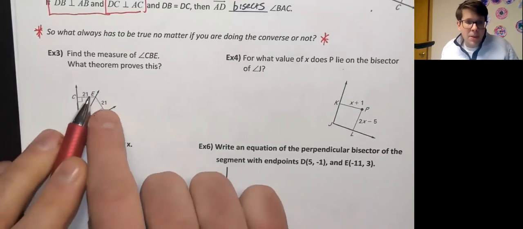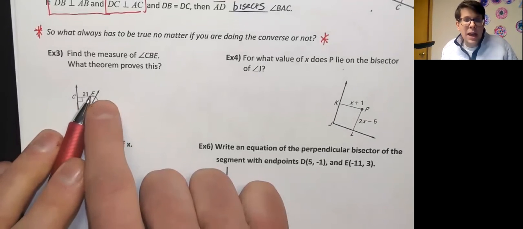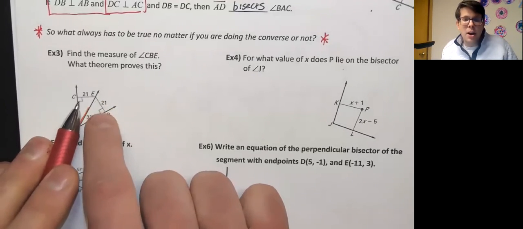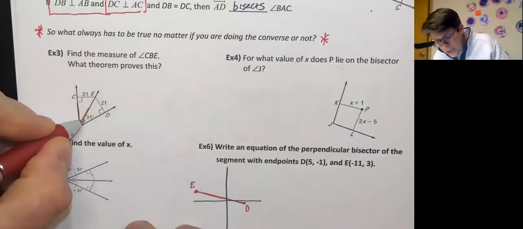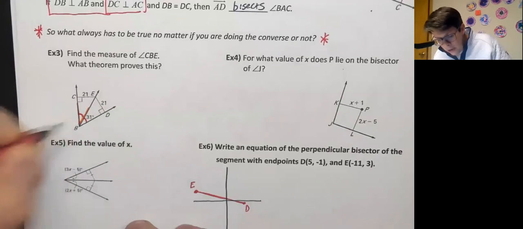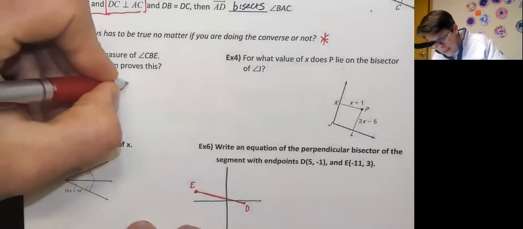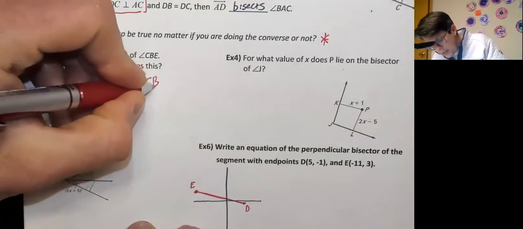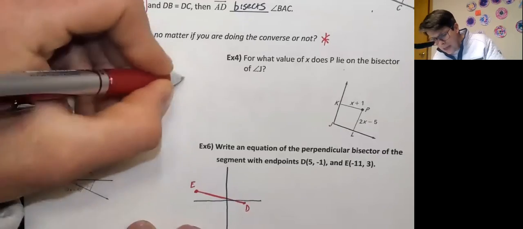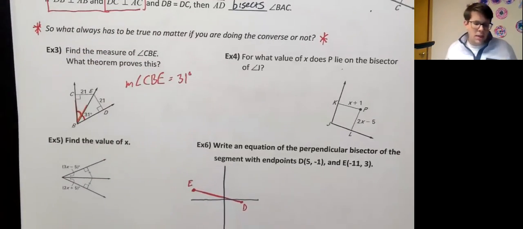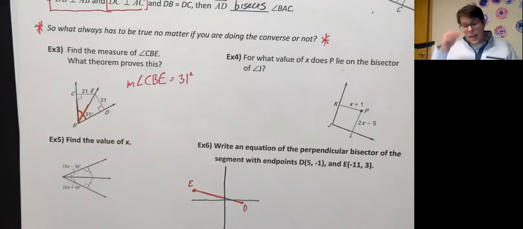Now, what I'm noticing about the bisector is that if we go up here to point E, I have two equidistances that are perpendicular. So that tells me that I should have an angle bisector. So CBE should match DBE. And that means that the measure of angle CBE is going to be 31 degrees. That is going to be a match set with the left side and with the right side.